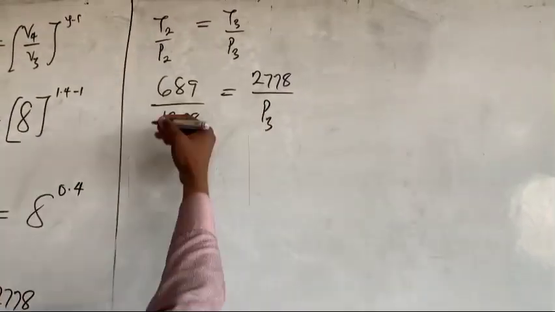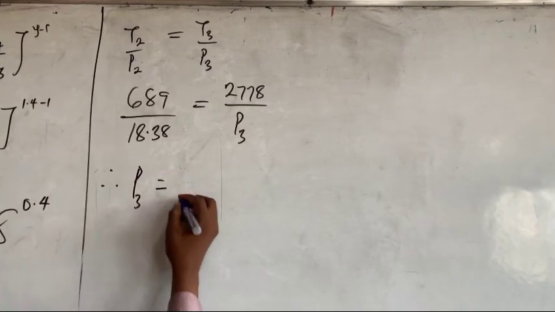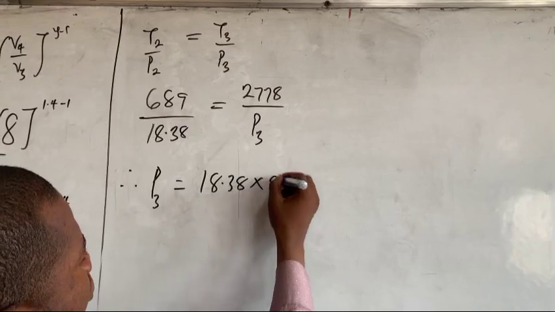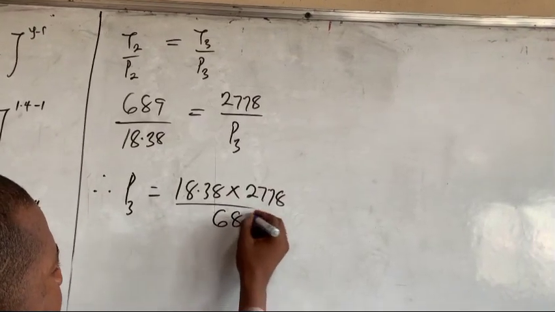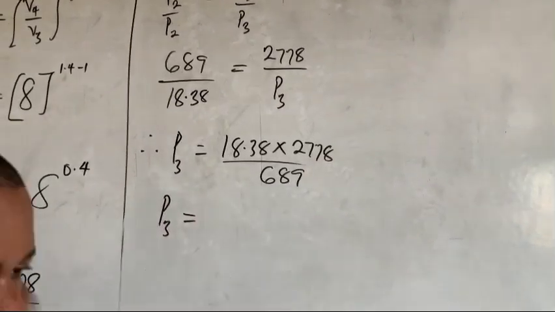If we cross multiply, our P3 becomes 18.38 times 2,778 all over 689.